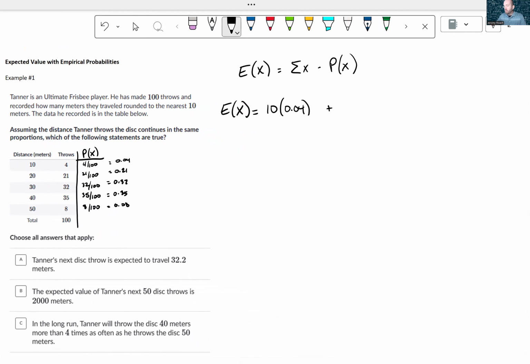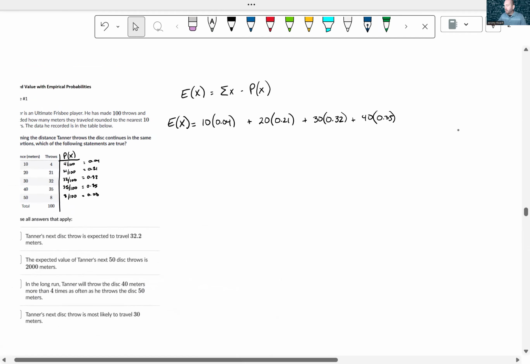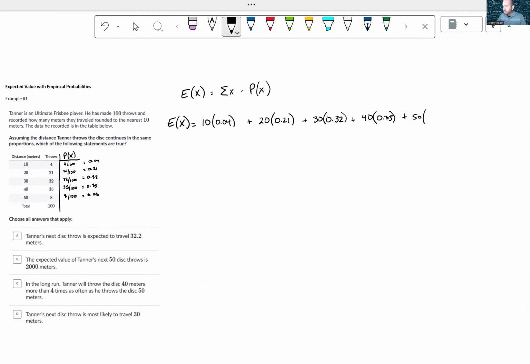For 20 meters, our probability is 0.21. For 30 meters, it is 0.32. 40 meters is 0.35. We're just multiplying X times the probability of each X occurring. And for 50 meters, the probability of that occurring is 8%. Okay, then we're just going to check all these values on our calculator.